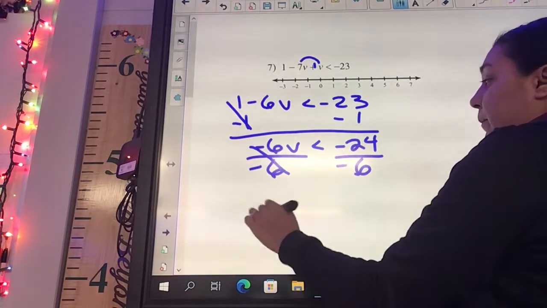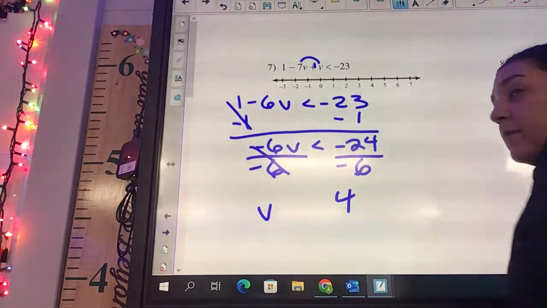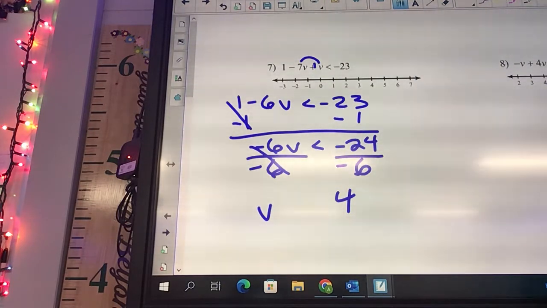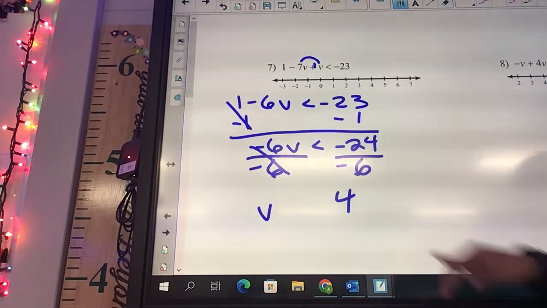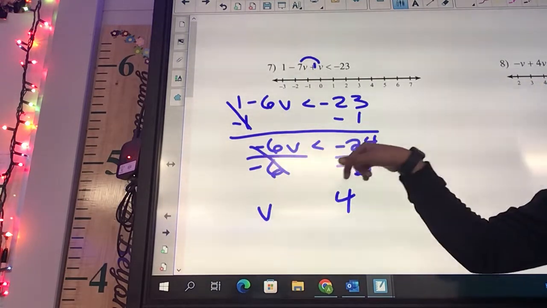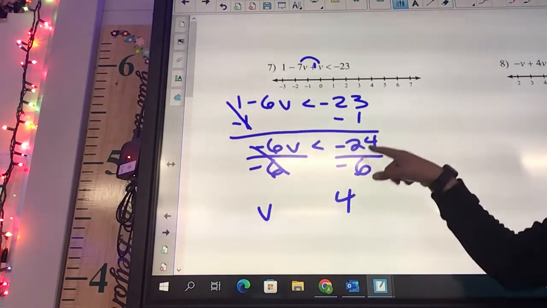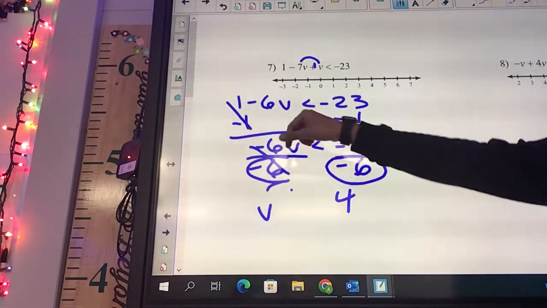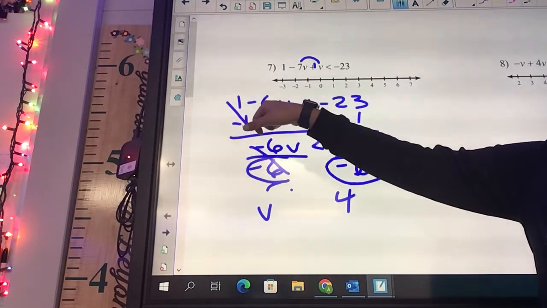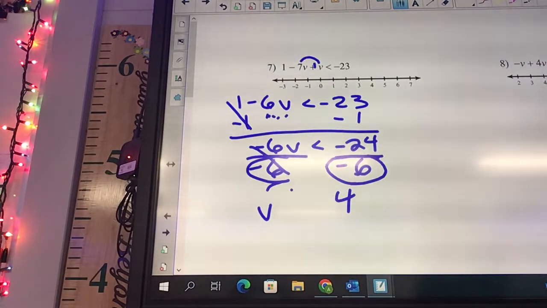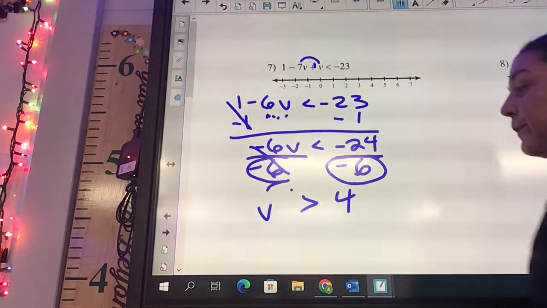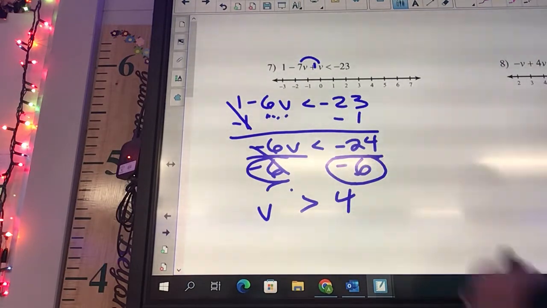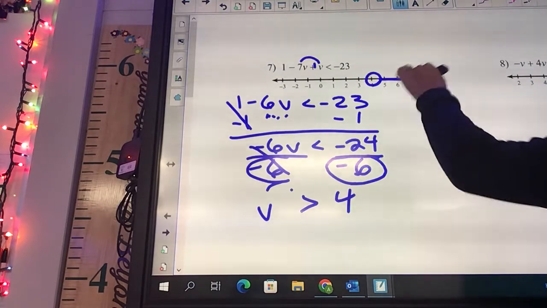Do we need to flip? Yes. Okay, so we divided by negative 6. So if the bottom piece here, I don't care about this, and I don't care about this, but if this is negative, or at the very beginning, the piece with the number, the letter is negative, then you need to flip the sign, okay? So instead, our sign's going to be going this way. Okay, on the 4, is that going to be open or closed? Open, going to the right.